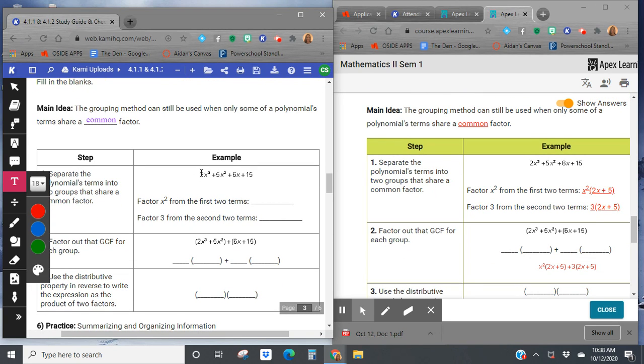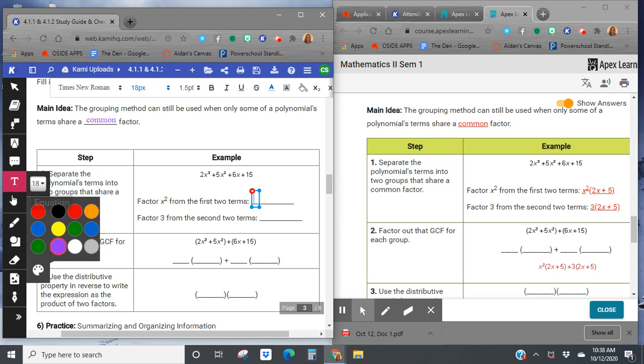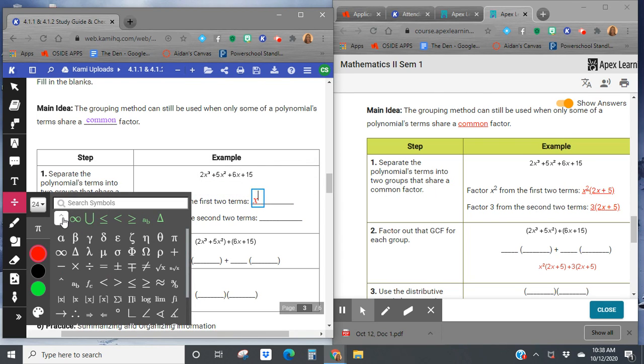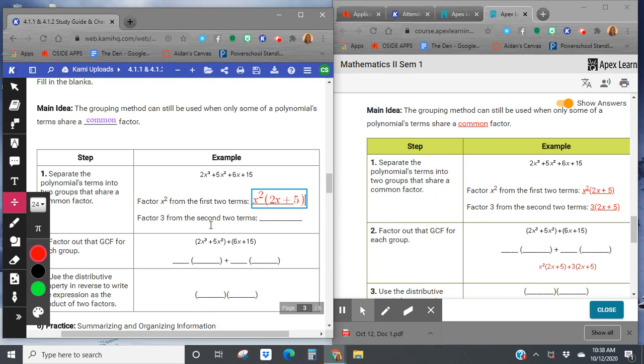Factor x squared from the first 2 terms, and then factor 3 from the second 2 terms. So for example, here an x squared can factor out, leaving me 2x plus 5. And then factoring a 3 out of the other 2 terms, a 3 can factor out, leaving me 2x plus 5.